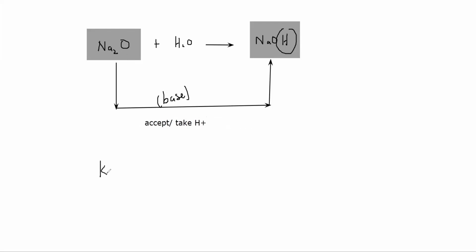In the same way, potassium oxide: you add water, or you mix it in water, and it forms potassium hydroxide, or it turns into potassium hydroxide. So it will form potassium hydroxide.